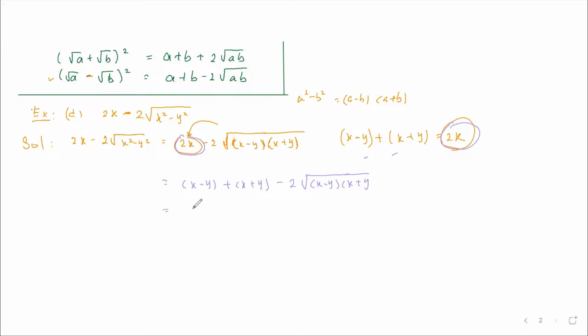Everyone get it? Because the whole thing when summed up equals 2x, right? Because minus y plus y is gone, so you are left with 1x becoming 2x.